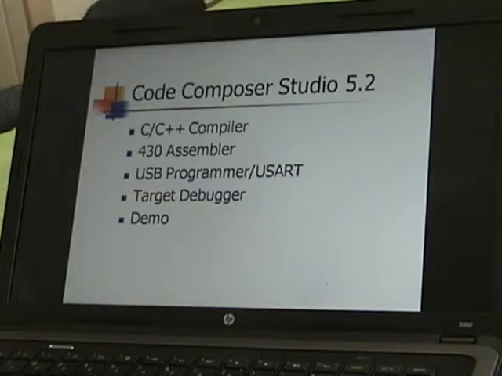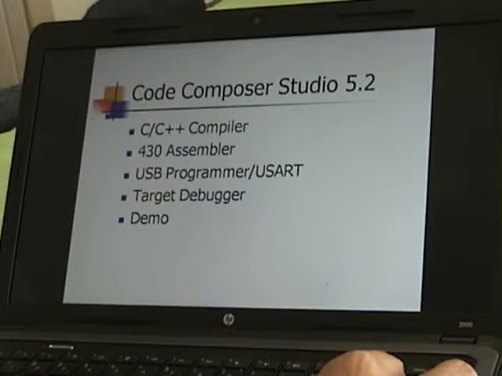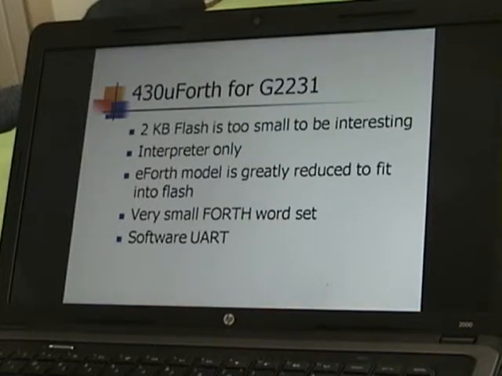It comes with the USB programmer, which also serves as a UART terminal. And it has a very nice target debugger, and I can do a little bit of demo of that system. So it is a much more powerful environment, but needs lots of attention to the details.